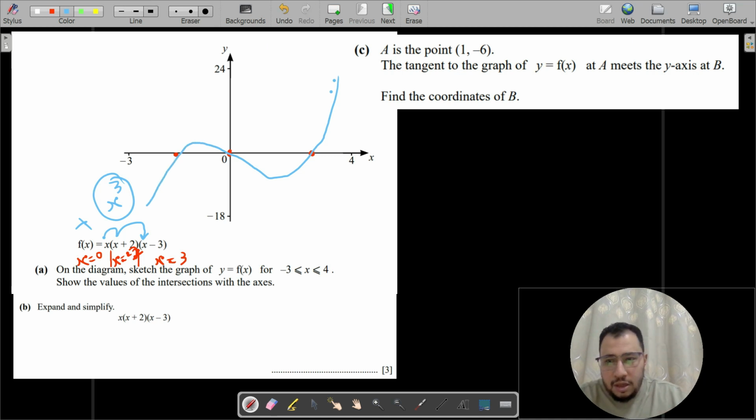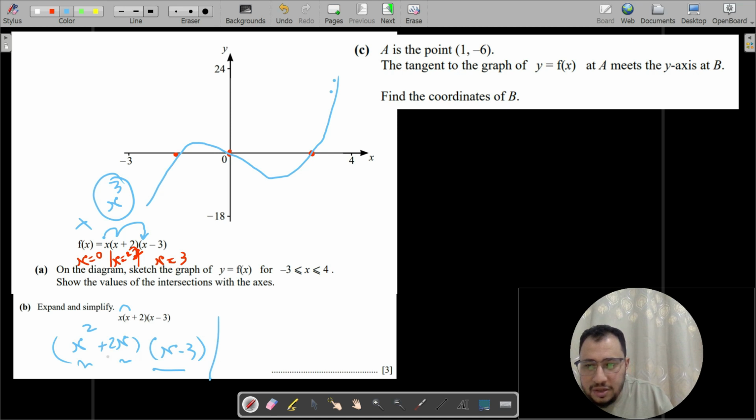And that's it. Okay, expand and simplify this. Here, first of all, let's multiply this here. It's going to be x squared plus 2x. And after that, let's multiply by x minus 3. Then you will distribute these two over this bracket. So x squared multiplied by x is x cubed. x squared also multiplied by -3 is minus 3x squared.